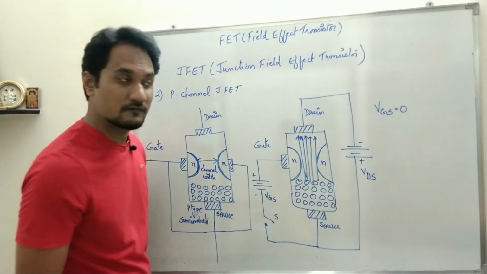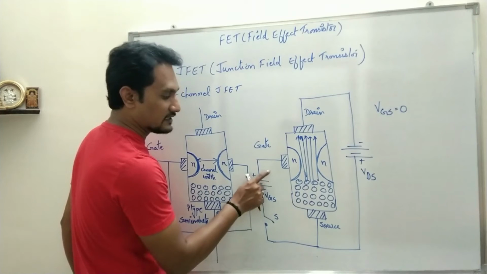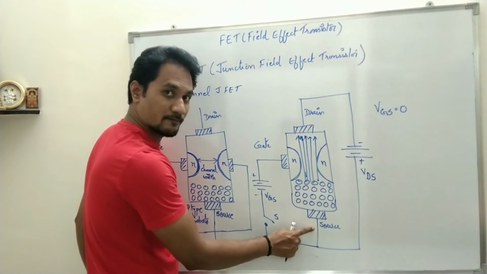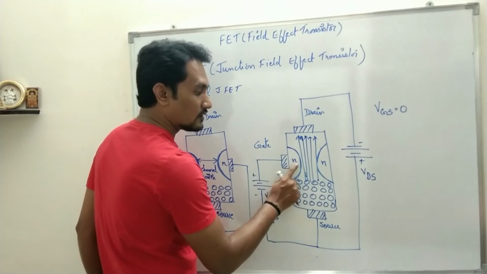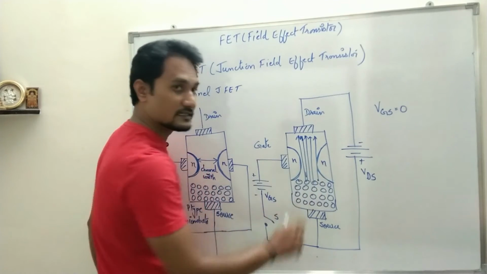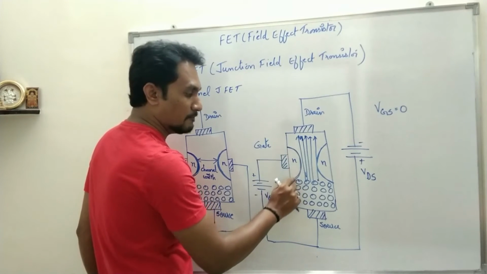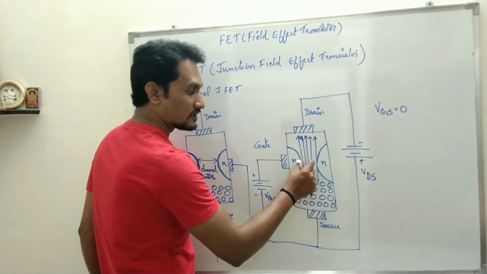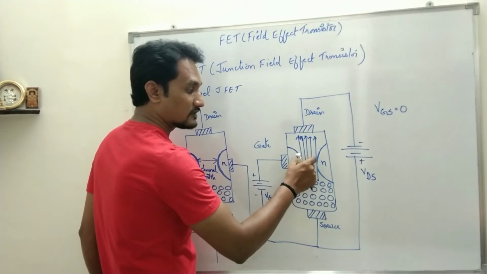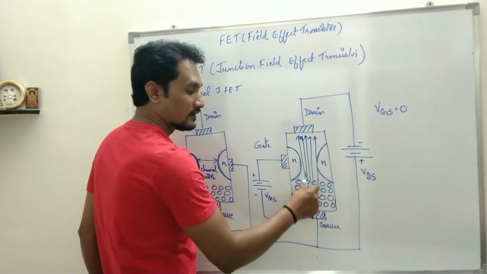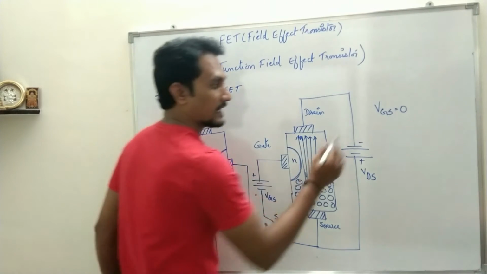Tell me what happens when VGS is equal to 0. That means there is no gate to source voltage, so there is no reverse bias potential to the PN junction. The depletion layer width will be very small or minimum at that point. So the channel width between these two PN junctions will be maximum, and the charge carriers moving from source to drain will be maximum.